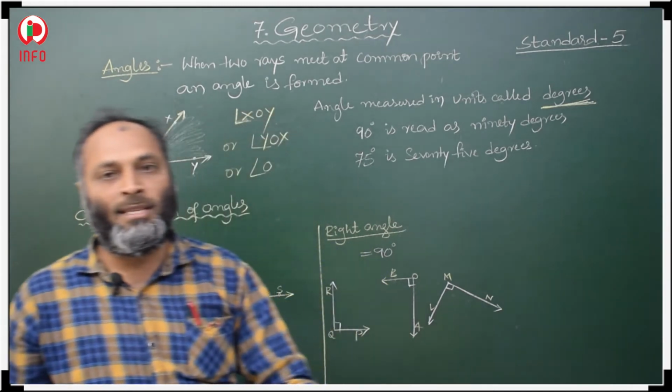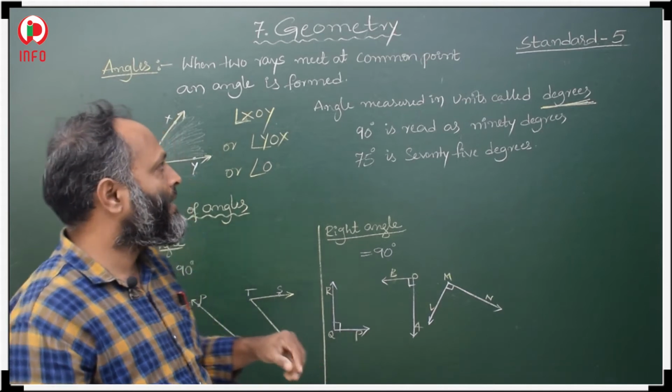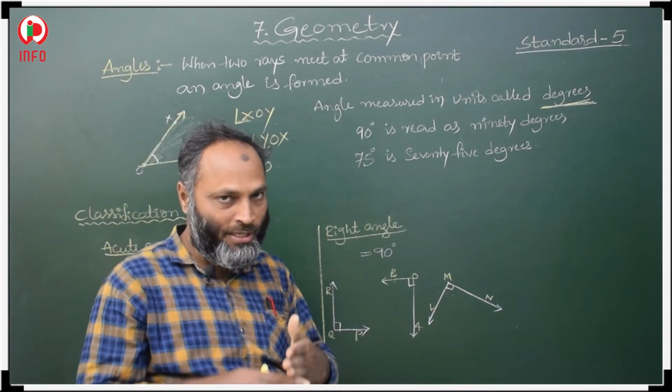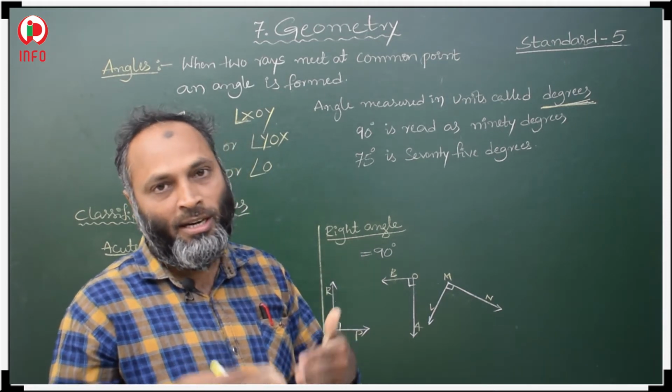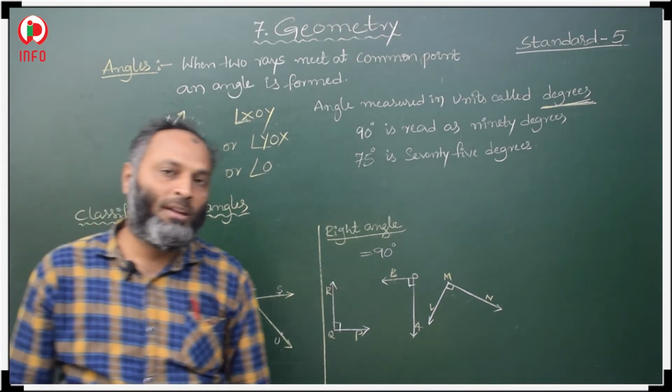Okay, this is about angle. So what is an angle? If two rays intersect at a common point, the common vertex, then you form an angle.